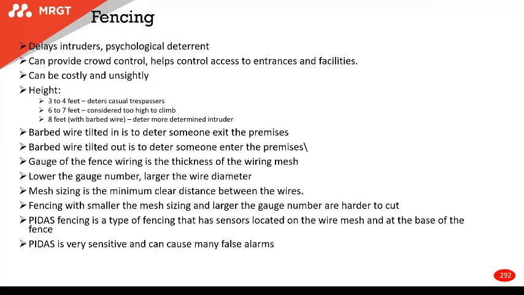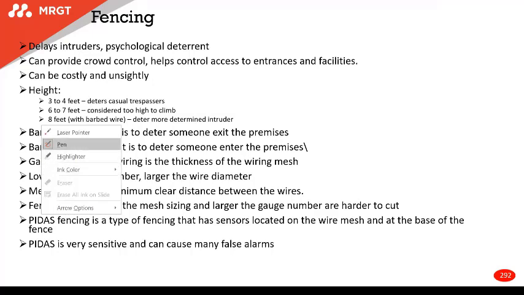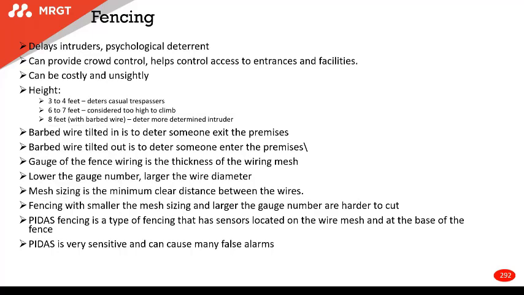Let me write this down for you, maybe it could be clarified a little bit more. Okay, I was talking about gauge. As I told you, a fence is made up of this mesh. This kind of mesh is made by the fence wire, and if we go a little bit closer to it, it has some kind of diameter.